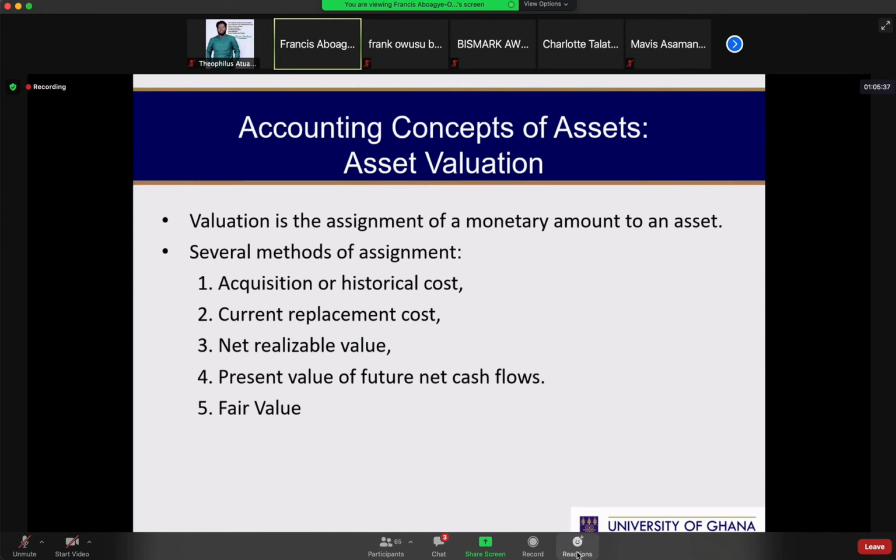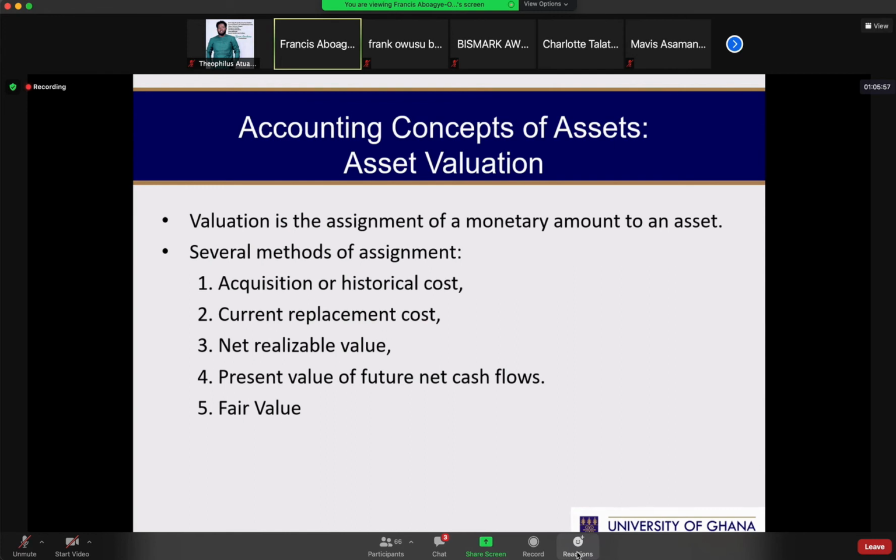Okay. So if you have an asset, the inventory, and you have 10,000 pieces of them, and each of them is 6 cedis.